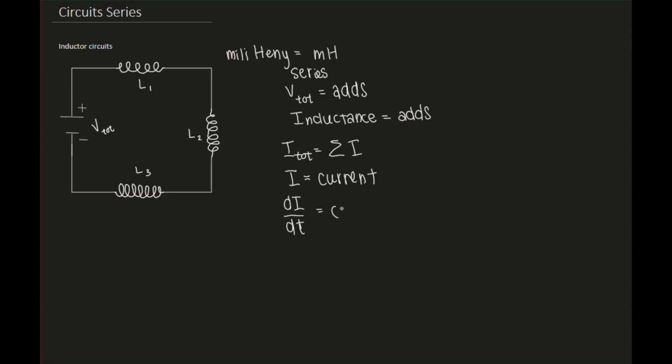I mean current as in it's constant, and the same with the change in current over the change in time. It's also constant. Now you might think if current is constant, then wouldn't di/dt be 0? Each inductor is storing current at a specific rate, so they don't equate to each other. I is constant and di/dt can also be constant and not 0.